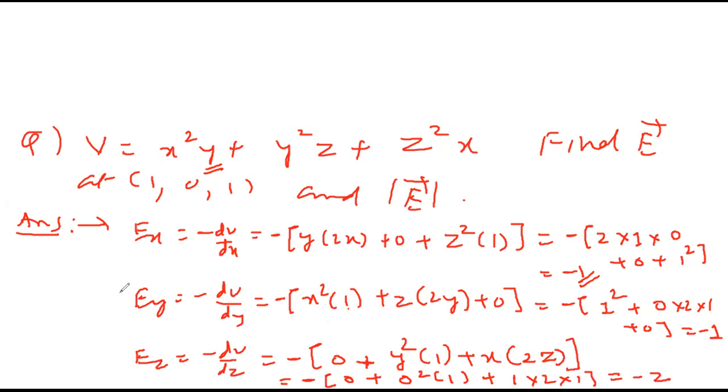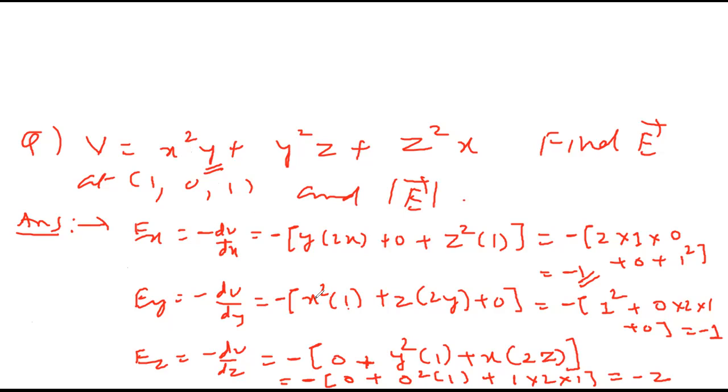Just check. I got Ex as minus 1, Ey as minus 1, Ez as minus 2. What did you all get? Sir, I got Ex and Ez right. Ey I got wrong. Just see, have I written correctly?